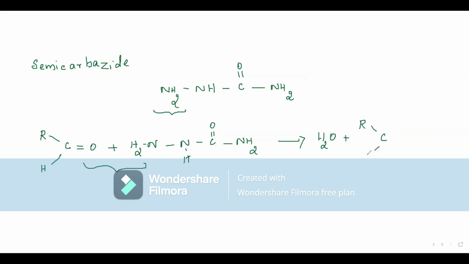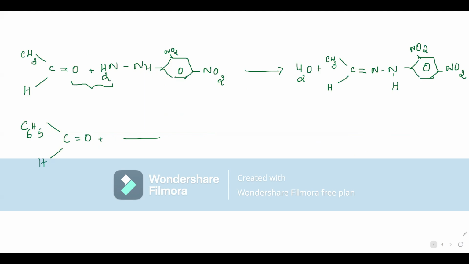Then RCH double bond N, NH, C double bond O, NH2. This is called semicarbazone. Now, with this, the addition followed by elimination reactions are over.